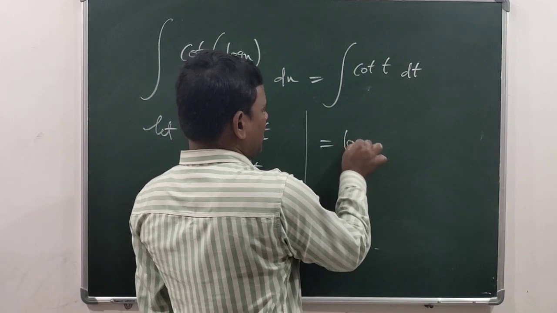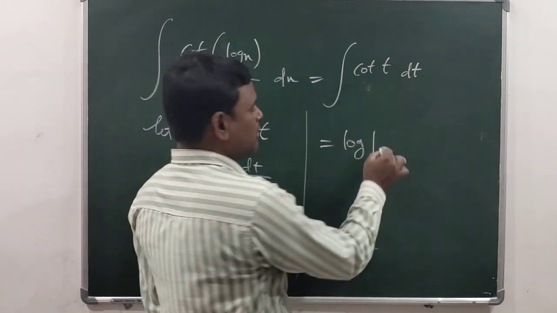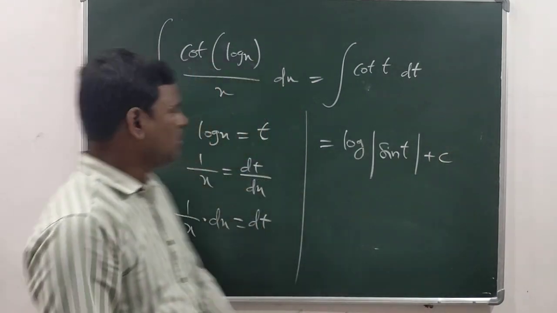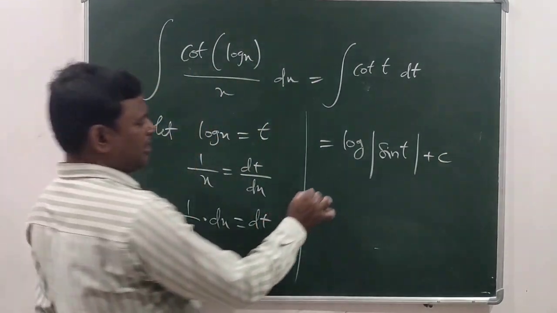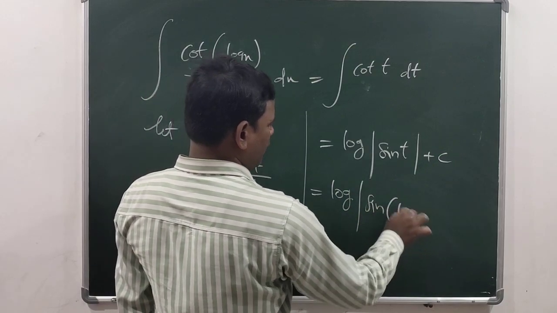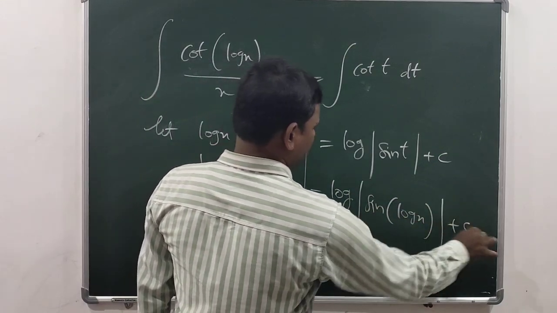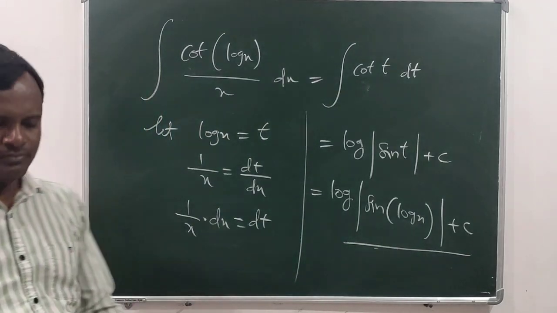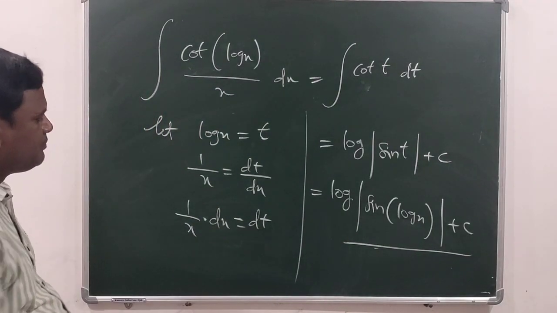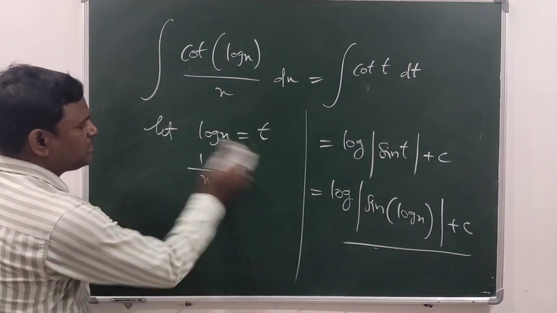So here log mod sin t you will get plus c. Now t is nothing but log x. Log of sin of log x plus c. Right. Now let us go to one more application.